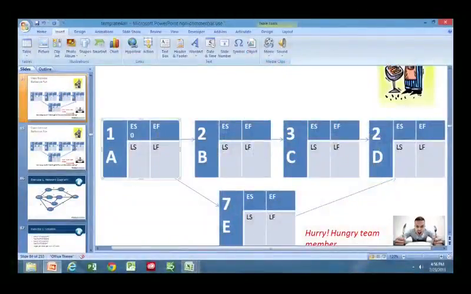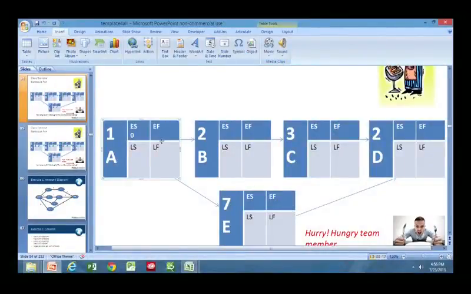The network diagram on page 177, the legend is actually in the middle. So the duration is in the middle of the box. And the box looks a little bit different than ours. But once you understand what exactly is happening, the rest becomes easier, okay? So we've got 0 for the start.